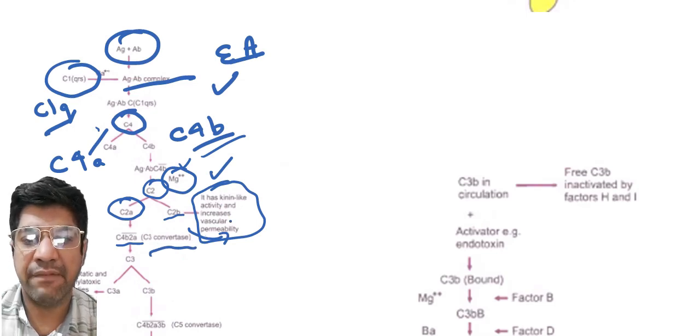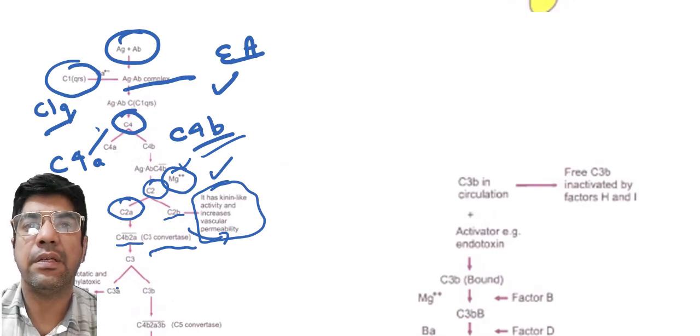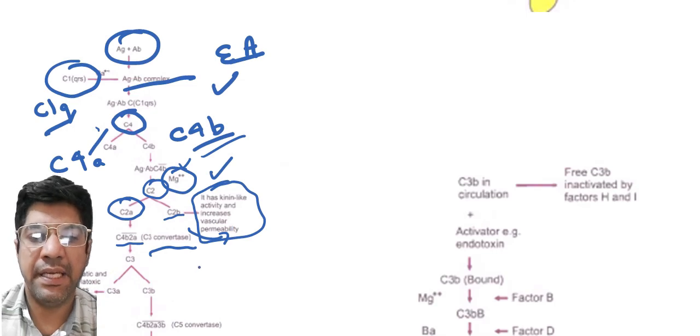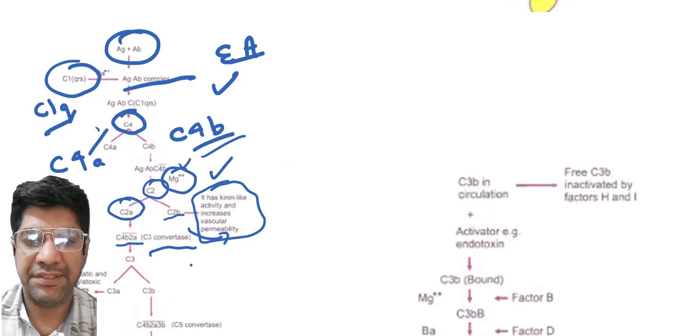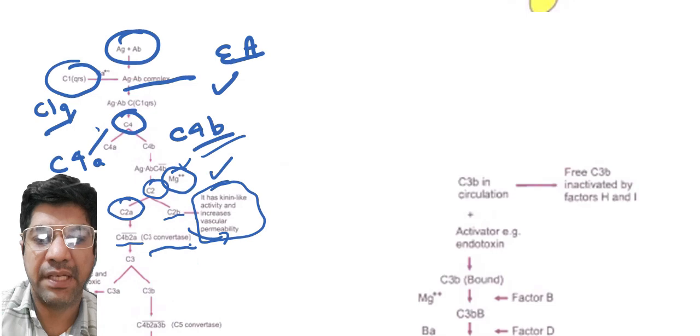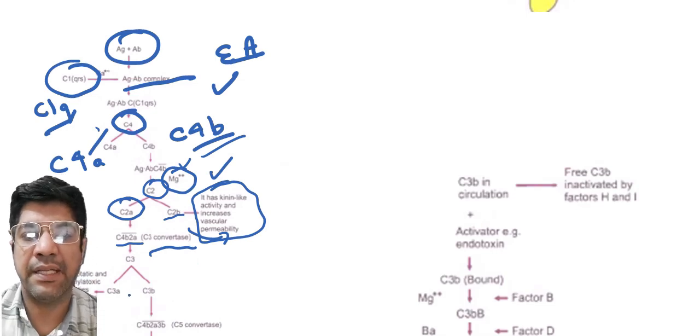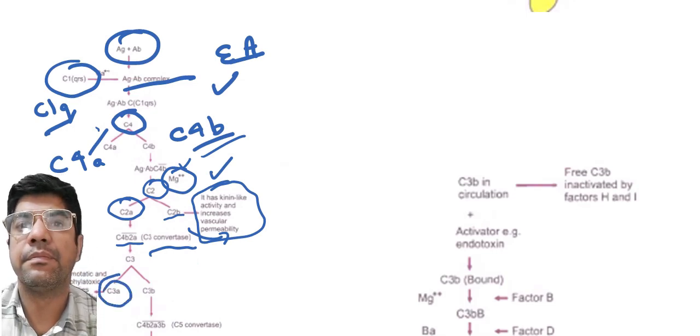The C3 convertase cleaves C3 into two fragments, C3a and C3b. C3a, remember, is an anaphylactic toxin that is released in the medium.